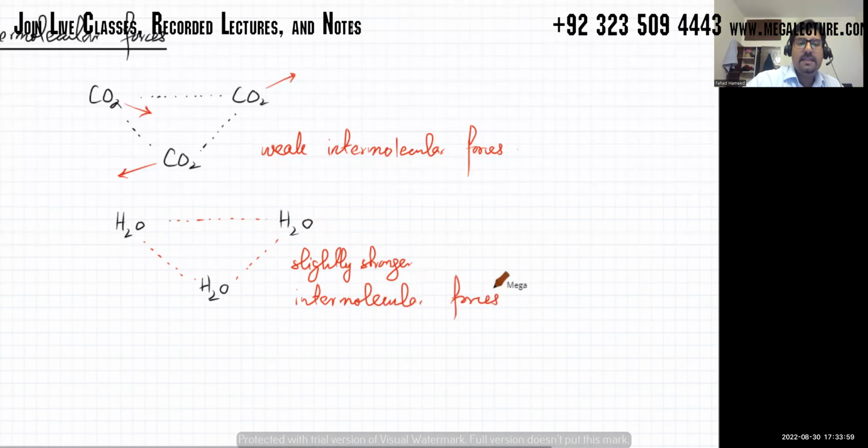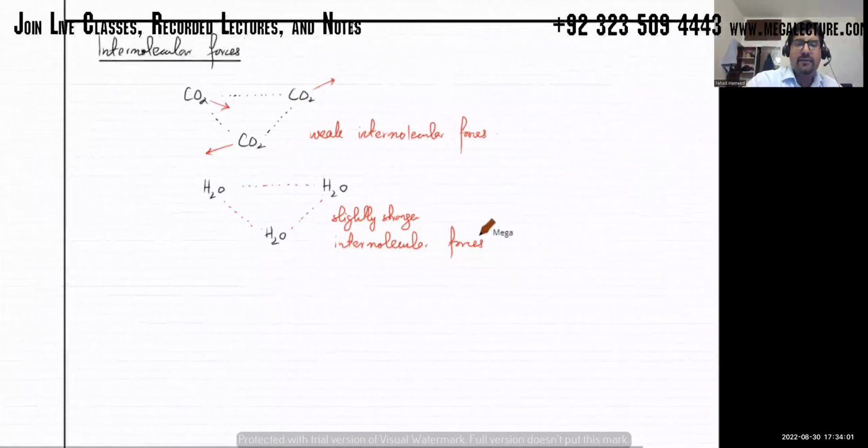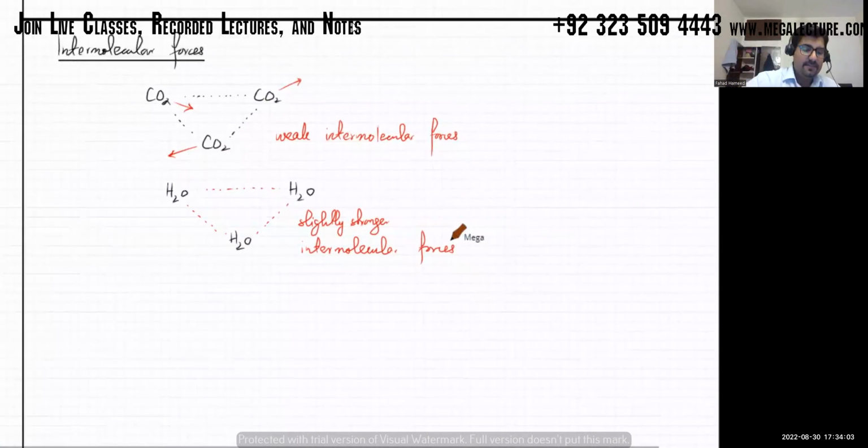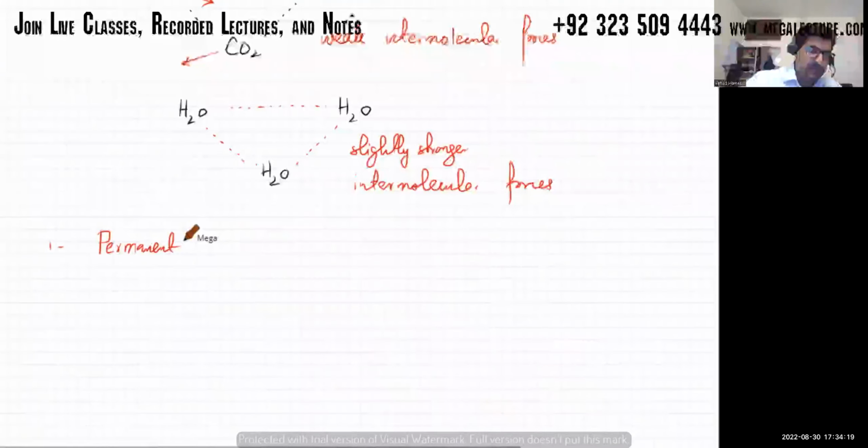Now, the intermolecular forces can be divided into three categories. You've got three different types of intermolecular forces. Let's start with the first one. The first one is known as permanent dipole interaction.